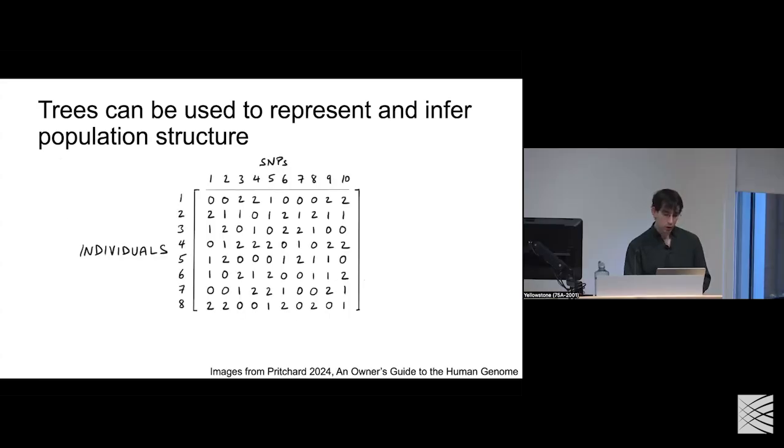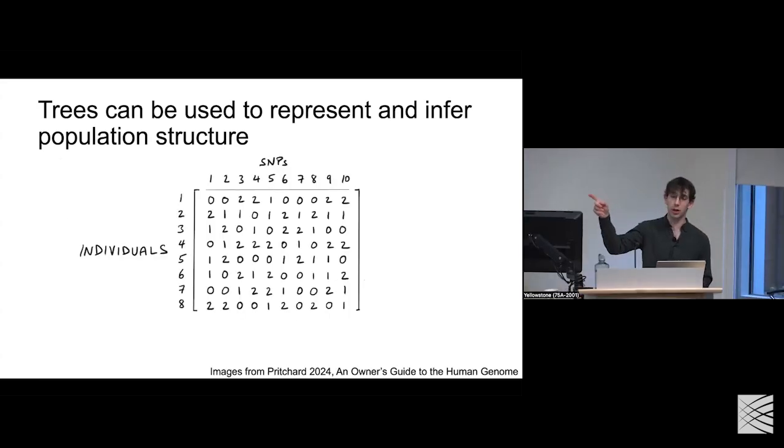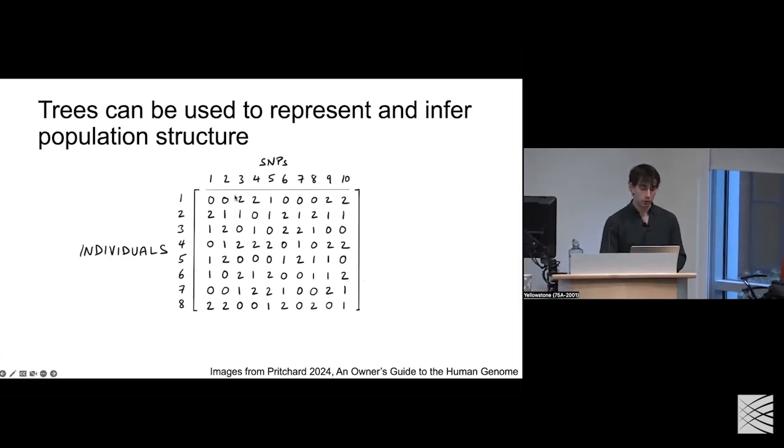Cool. So now we're back to our genotype matrix. Just to reinterpret this again, this 1 here means that individual 2 has 1 copy of mutation 2. Here we have a genotype matrix for 8 individuals and 10 SNPs, just in our cartoon example.